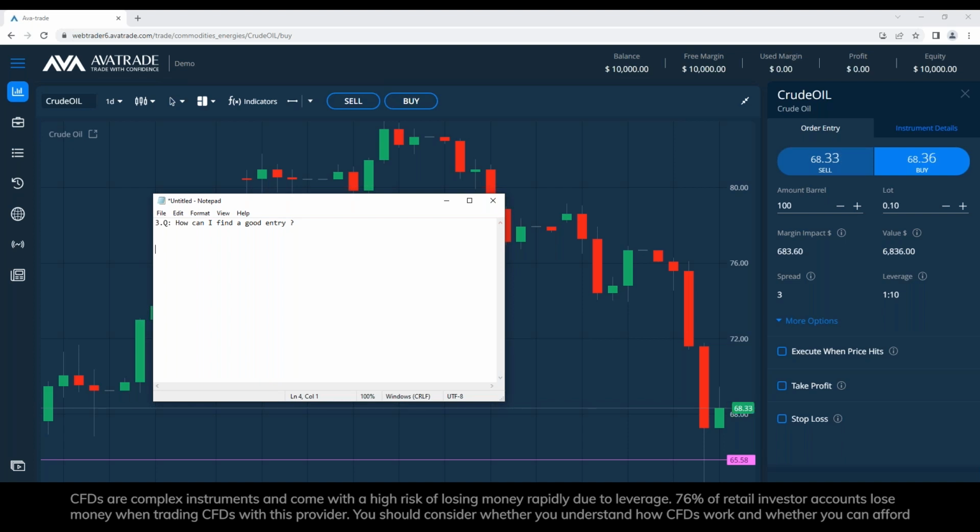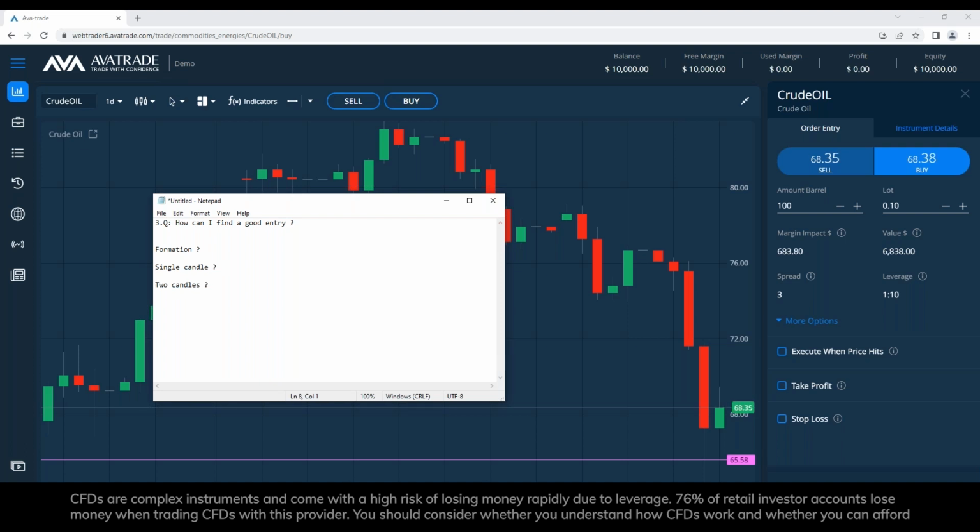Okay, so entry is based on formations. What is a formation? Who can tell me what a formation is? Who knows? A single candle, is it a formation? Two candles? Is it good enough?